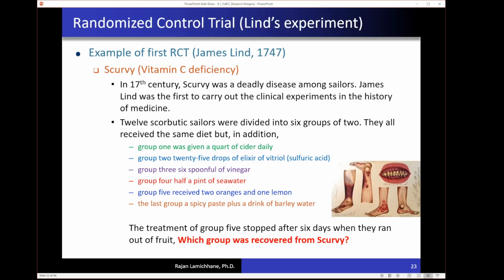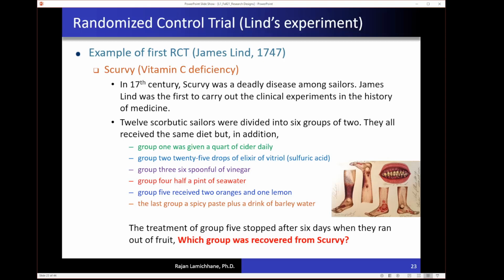The first randomized control trial was carried out by the physician James Lind in 1747, and at that time scurvy was a significant disease among sailors. In scurvy, several parts of the body, especially the gums, get red and swollen and even bleed, and people can die. It was very common among sailors.